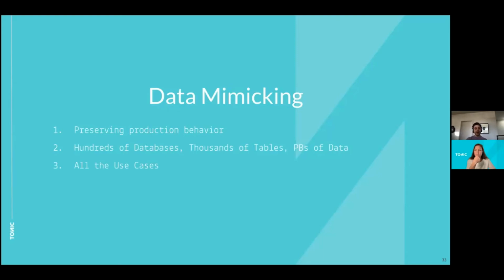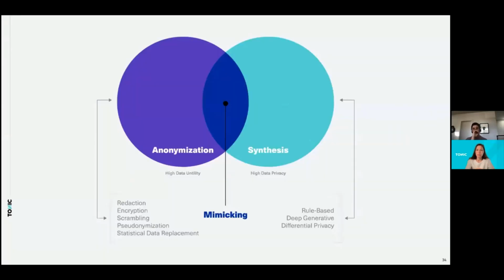So what do I mean by all the use cases? I mean functional testing, functional verification, integration testing, demo use cases, customer debugging. All these different use cases were ones we wanted to support in our approach. And this led us to the conclusion that it wasn't going to be a one-size-fits-all.